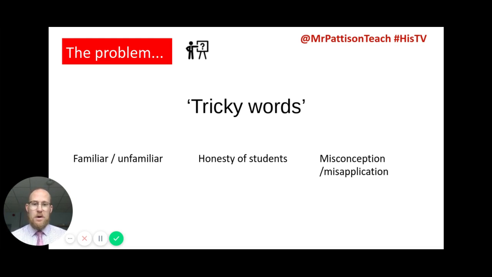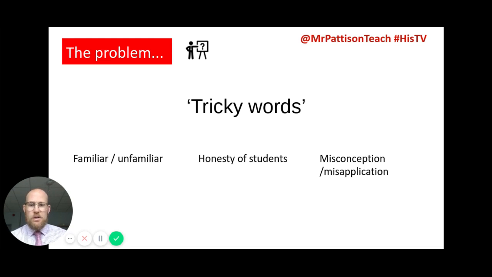There's also the problem of a word being unfamiliar, but the students not wanting to admit it, so claiming that they understand, not wanting to stick their head above the parapet, as it were, around their peers, etc. Ultimately leading to a situation where a clear barrier to learning is being hidden from our understanding as teachers. And that's something that I want to end.